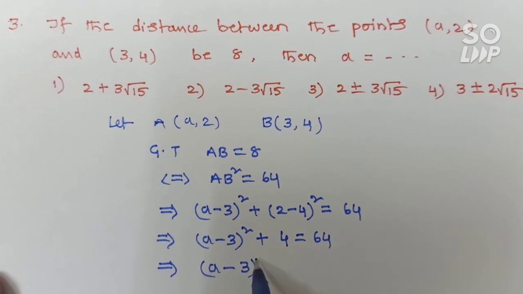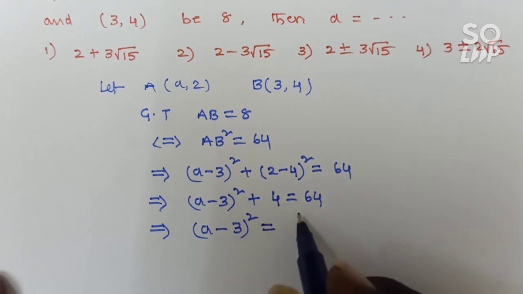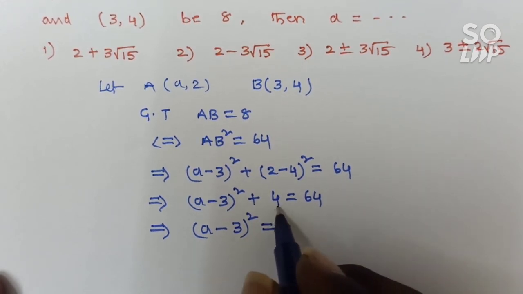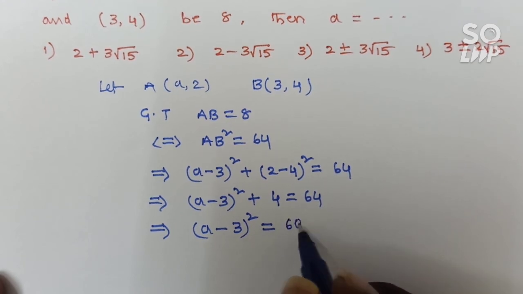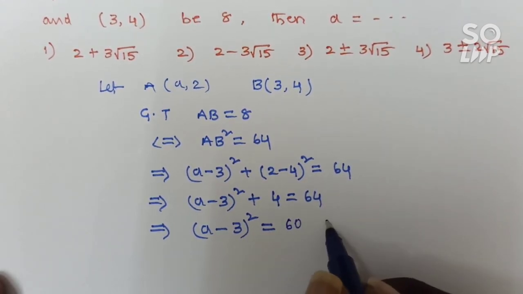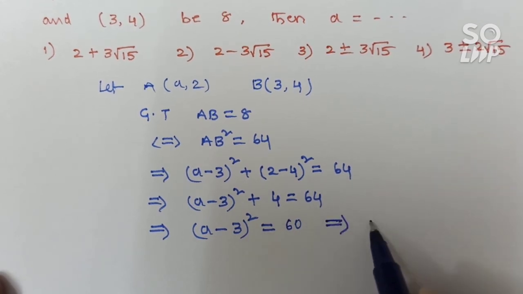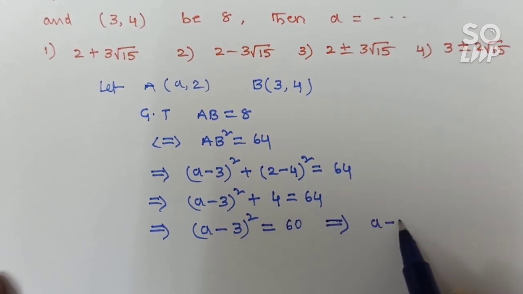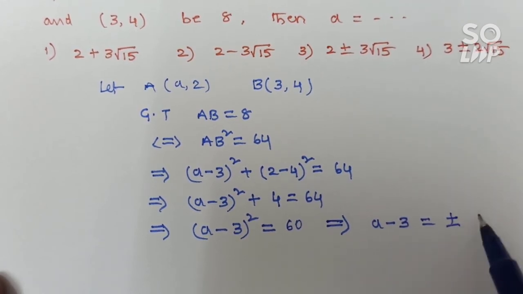That implies (a minus 3) whole square is equal to, you take plus 4 to the right side, that becomes minus 4, that is equal to 60. That implies a minus 3 is equal to plus or minus root 60.